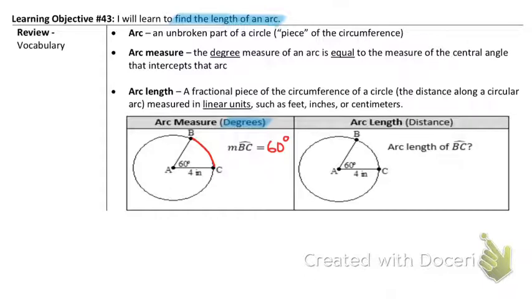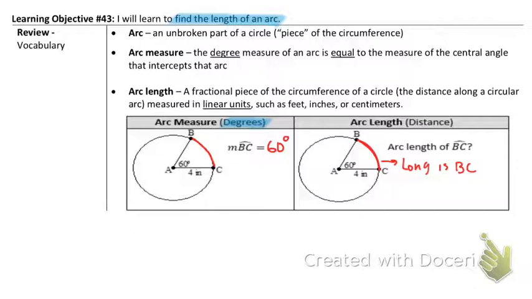When we talk about arc length, it's very similar, but it's a different measure altogether. Arc length, on the other hand, is the distance from B to C. So it's the distance of this arc. We want to know not the degree measure of BC, but how long BC is. We want to know the distance, not the degree.